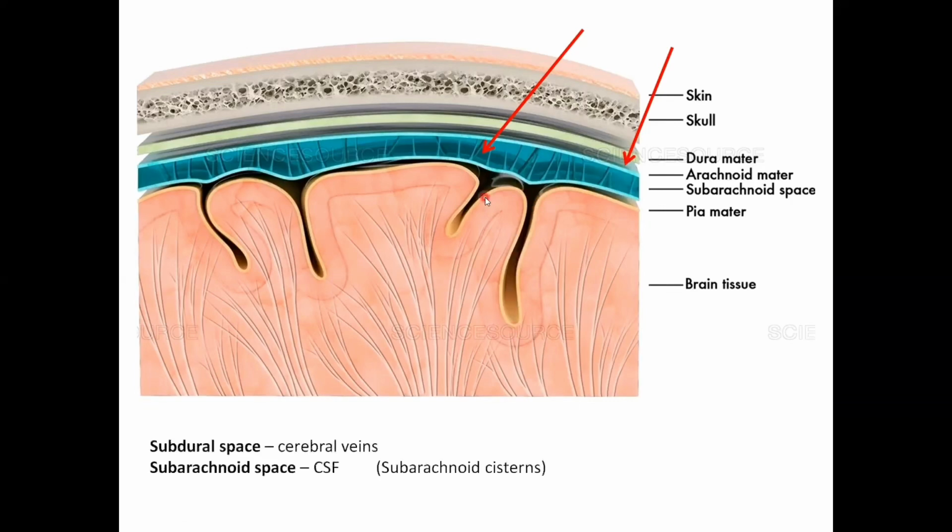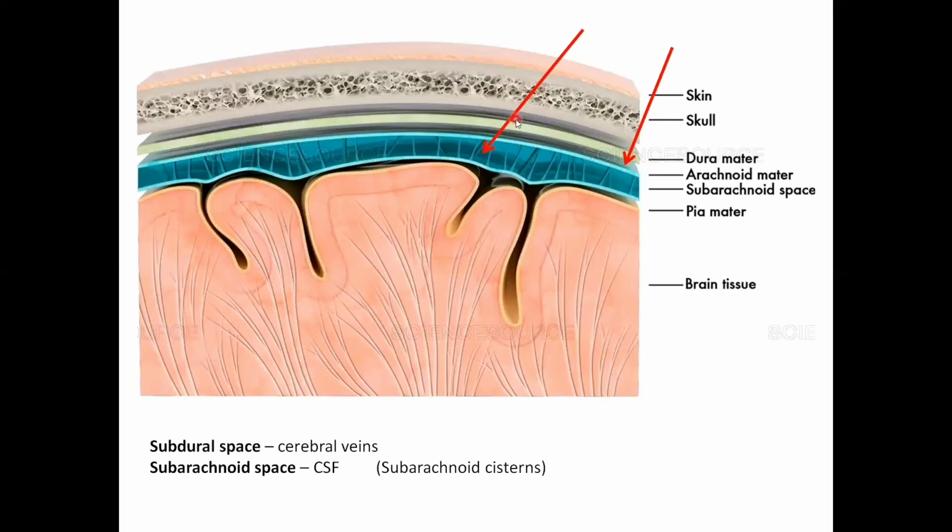Okay. Now, there is no space between the endosteal layer and the skull. But there's a space between the dura mater and the arachnoid mater. This space is called subdural space. The subdural space is traversed by the cerebral veins, which are going to open into the dural venous sinuses.